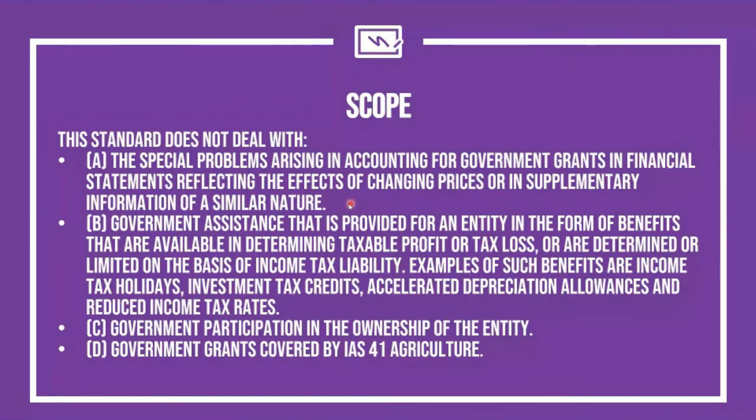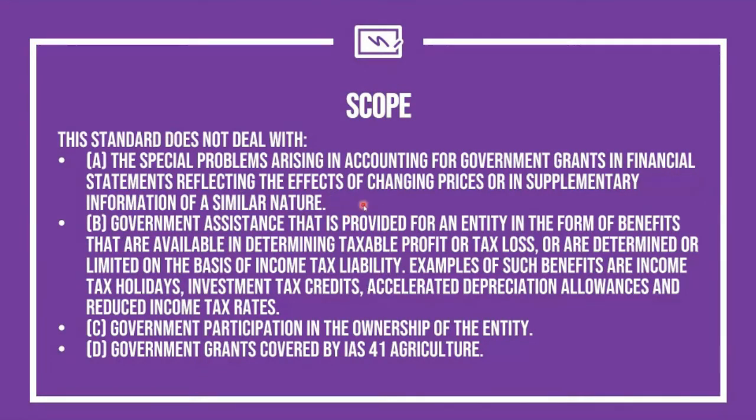So in that case, when it comes to the specific changes or the effects of the changing prices in government grants, it is not going to be covered by this standard IAS 20.